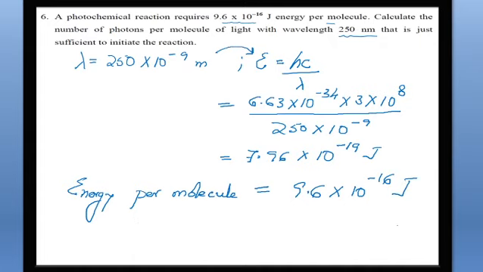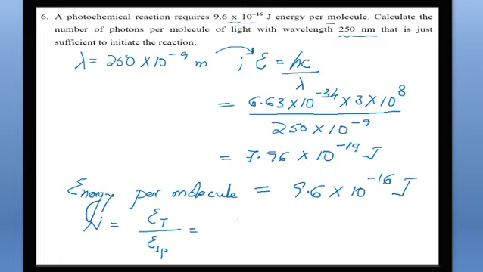Therefore the number of photons that we need, n, is equal to the total energy per molecule, Et, upon the energy of one photon.